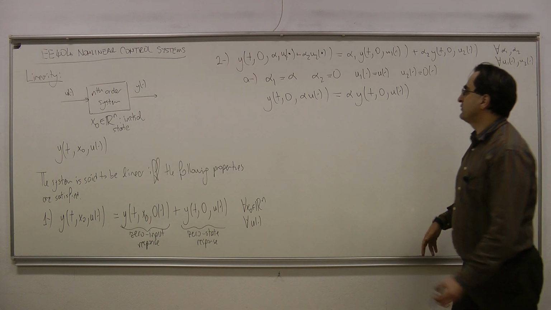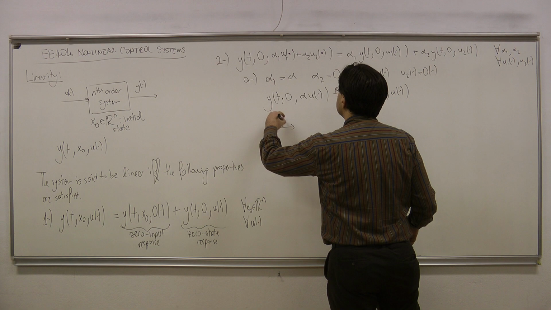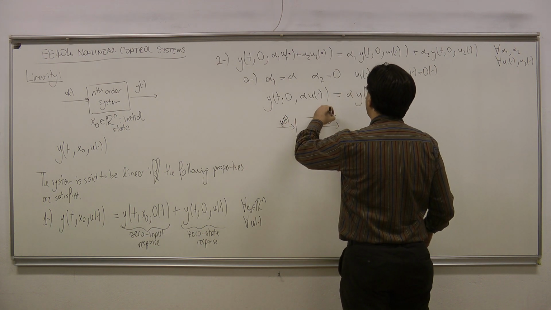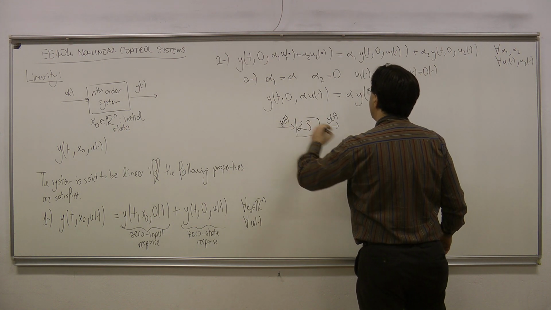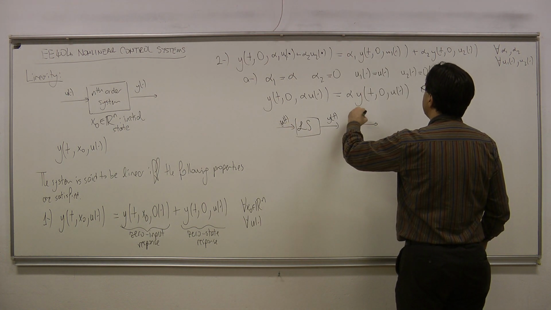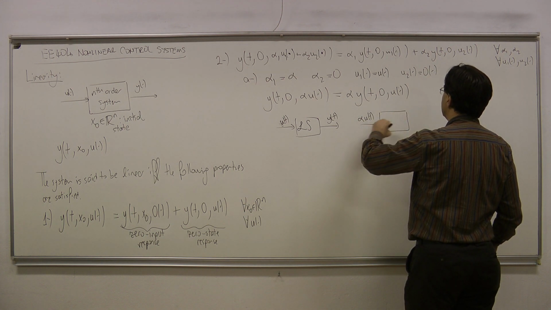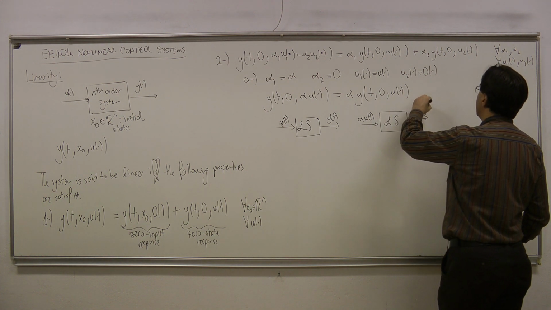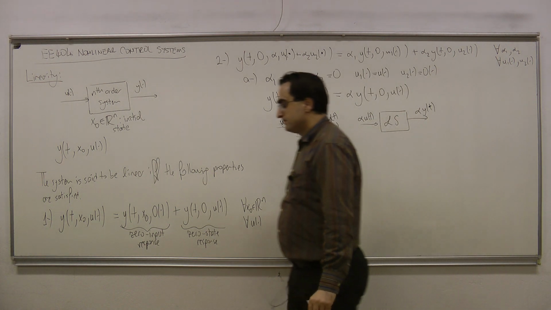So if I give the system input u of t, and if I get the output y of t from a linear system, then if I give the system alpha u of t, then the linear system would give me alpha y of t.